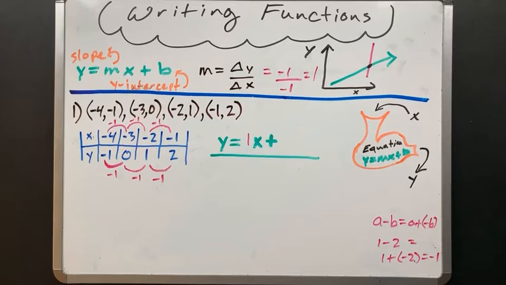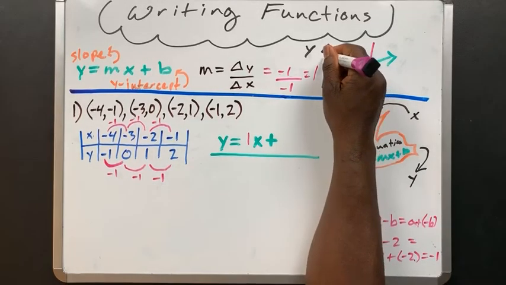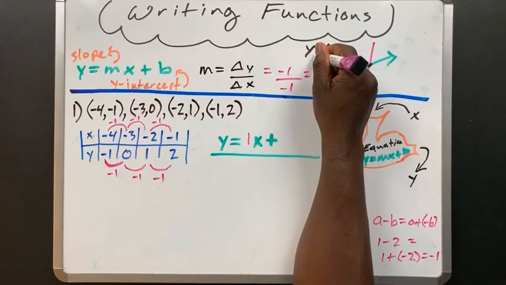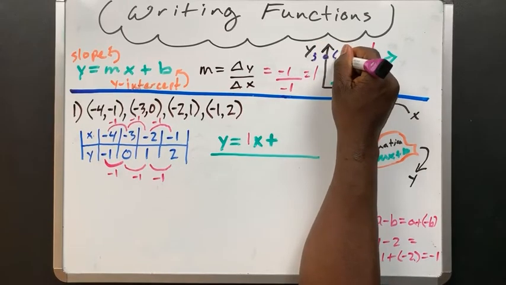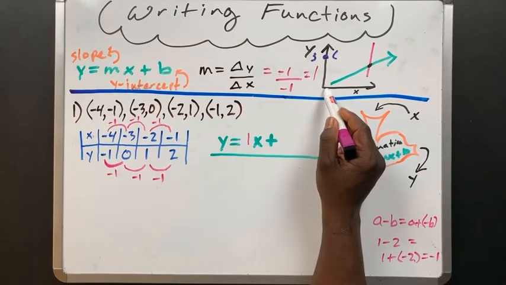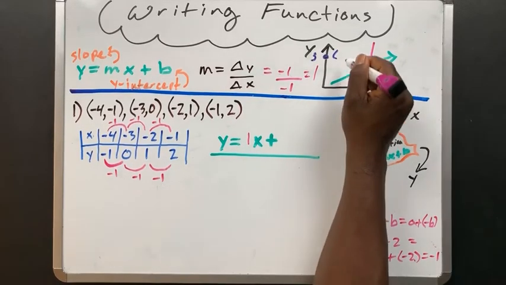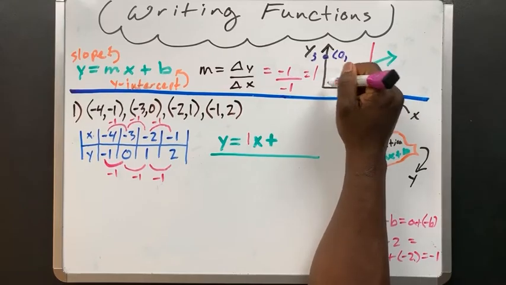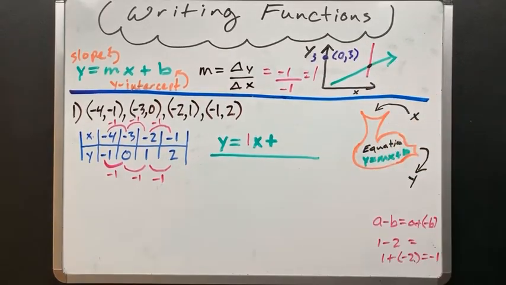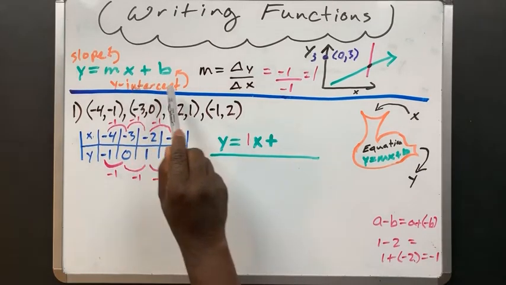A y-intercept technically is a point somewhere on the y-axis. So let's say that this was 3, then the coordinates for this would be, the x value is 0, and the y value is 3. That is the coordinates for the y-intercept.